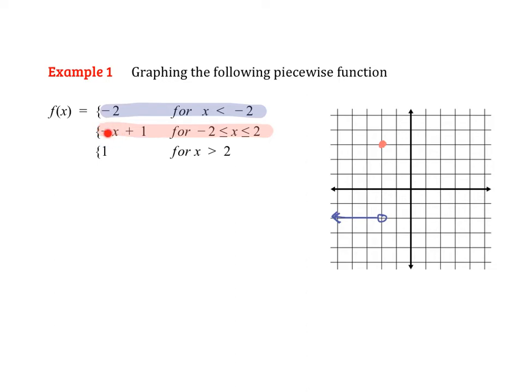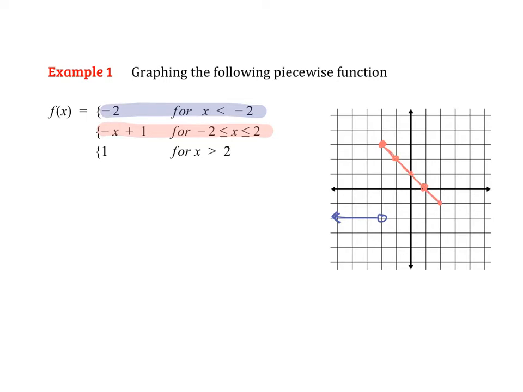So this function has a slope of -1. So I can continue that until I hit +2 for my x value because that's where this interval stops. It's also a closed circle because it's included there. And there's this section of my graph.